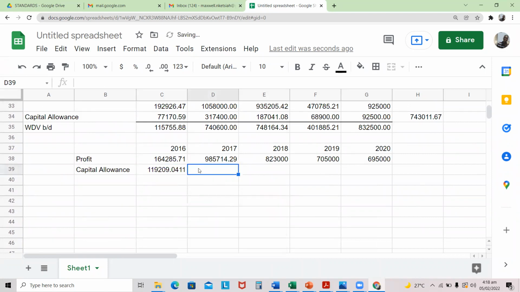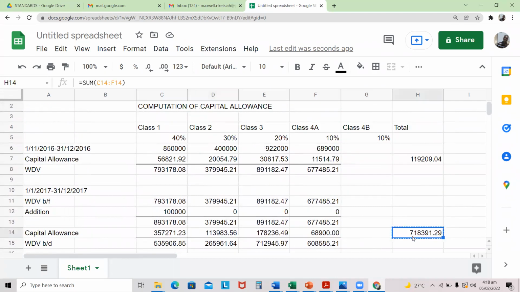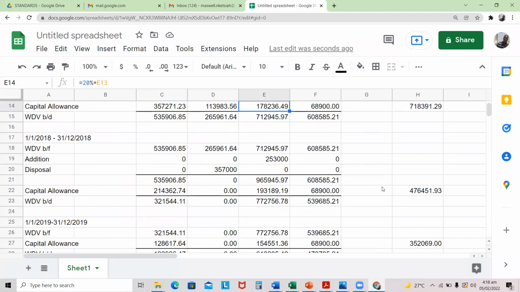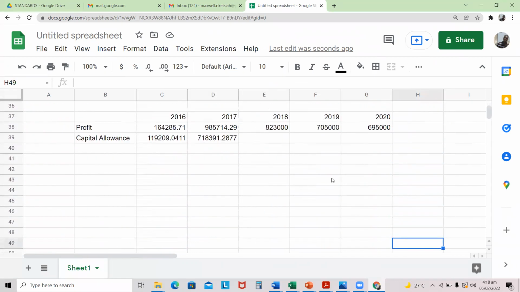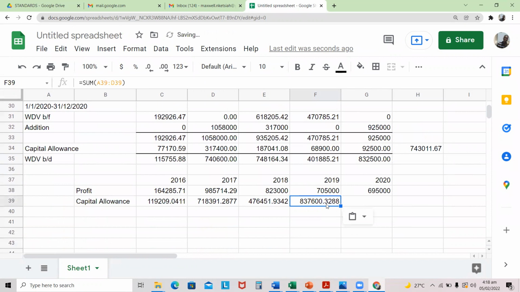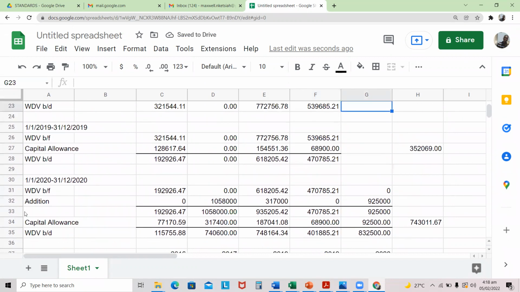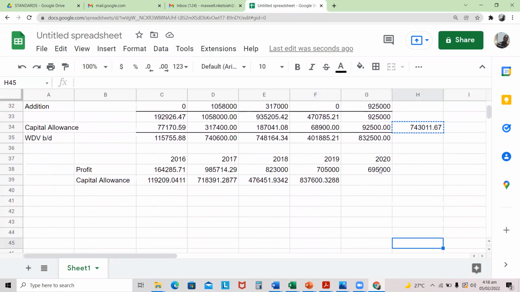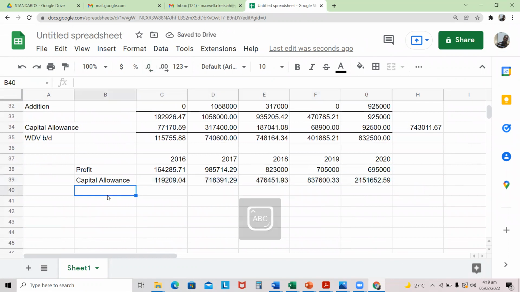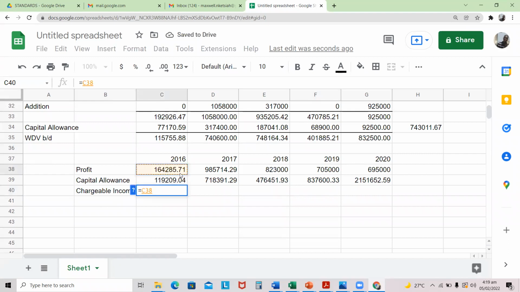What about 2017? 2018. 2019. 2020. Okay, so the chargeable income is the profit minus the capital allowance. So it is the profit minus capital allowance.